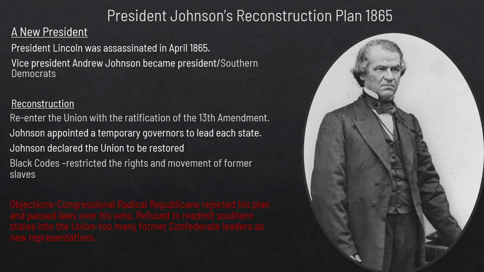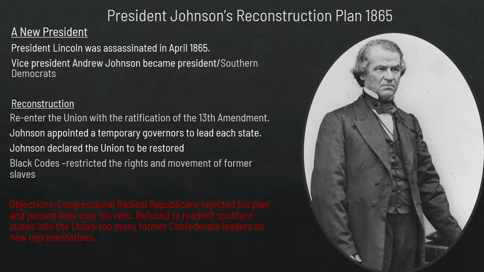And Southern legislators begin to pass what they call black codes. These laws are going to restrict the rights and the movement of formerly enslaved people. It's going to pretty much keep them in slavery. So the congressional radical Republicans strongly oppose Johnson's plan. They argue that it fails to protect the newly freed enslaved people.